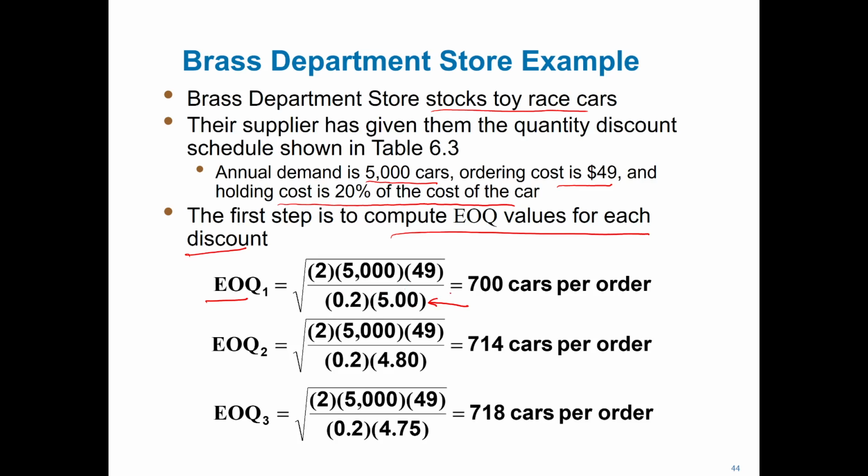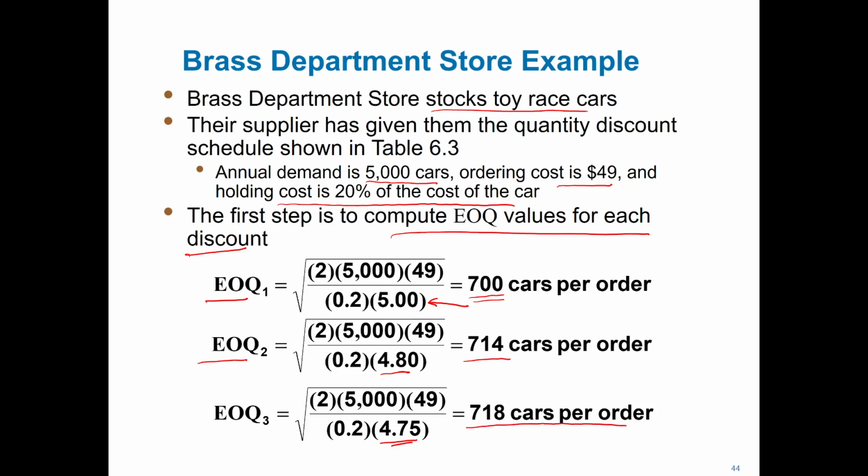We find that the economic order quantity is 700 cars per order. If we use the second schedule cost, $4.8, we get 714 cars per order. And if we use $4.75, the third schedule, which is a 5% discount, we get an economic order quantity of 718 cars per order.